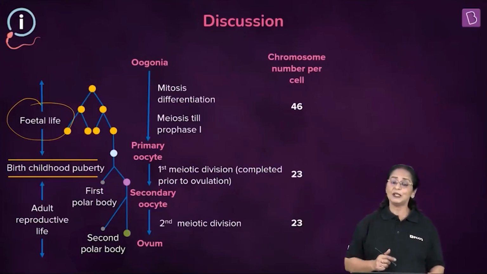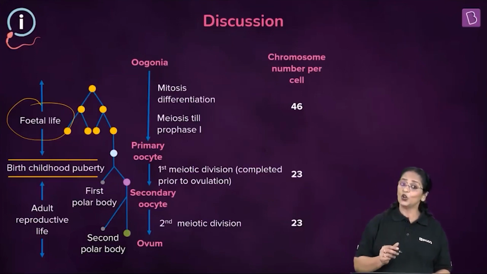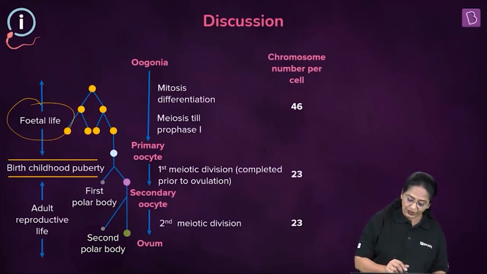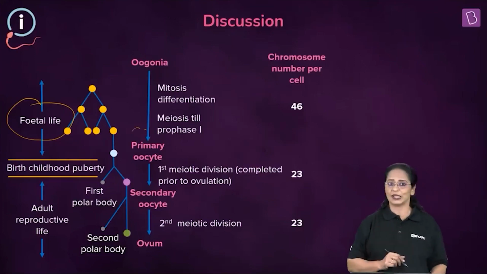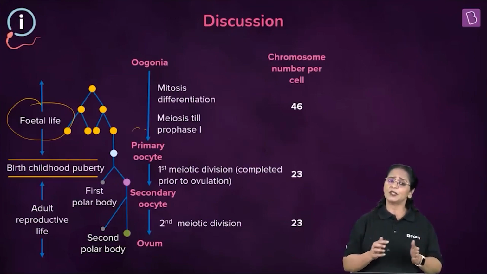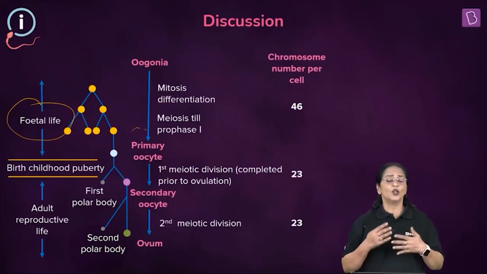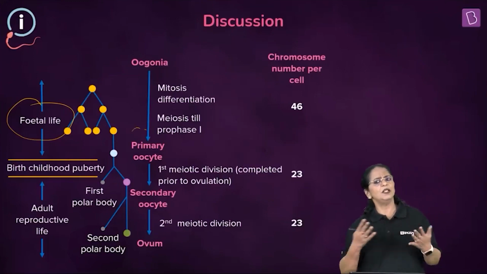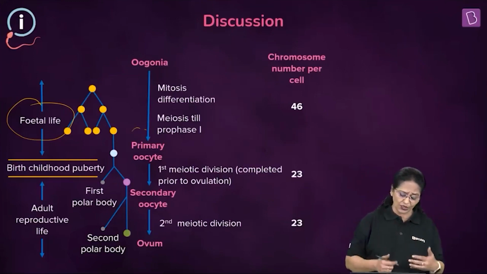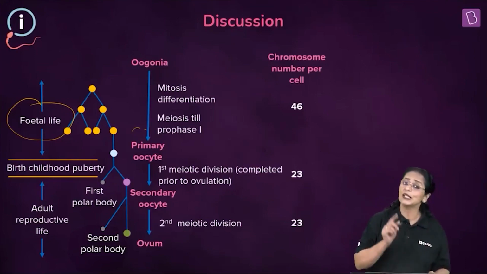The germ cells undergo mitotic divisions to give rise to primary oocytes. By the time the child is born, she is born with millions. In fact, when oogenesis sets in, millions of oogonia are formed, and then you start seeing primary oocytes formed from them.